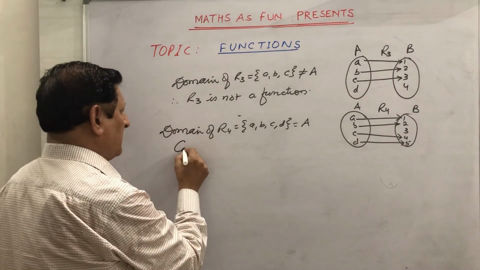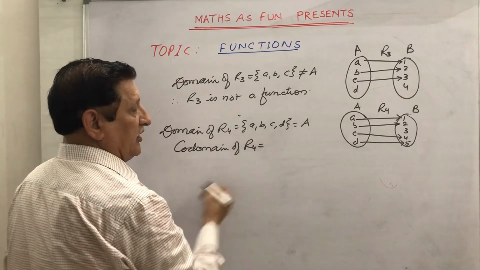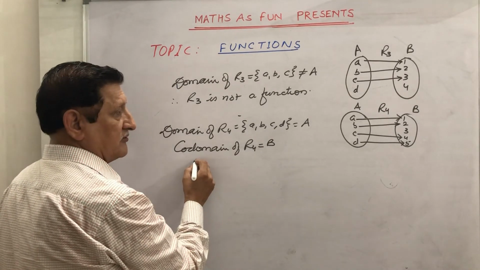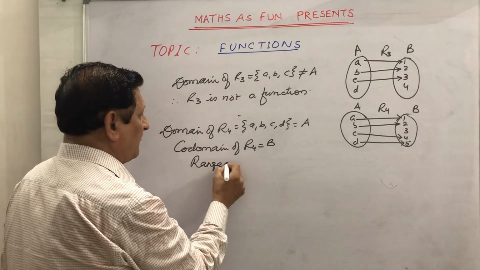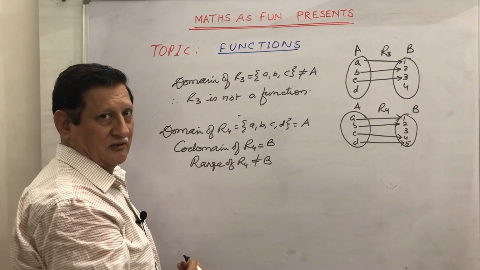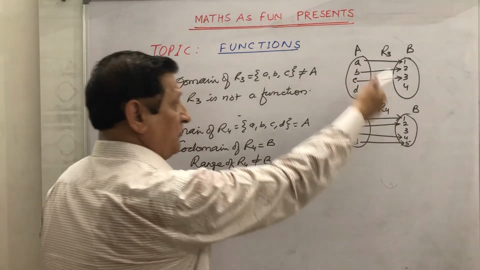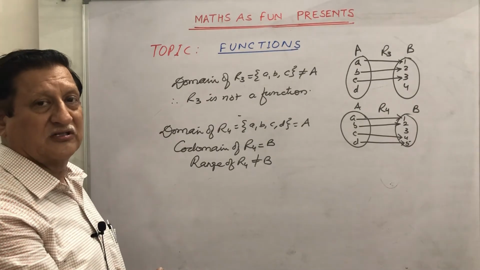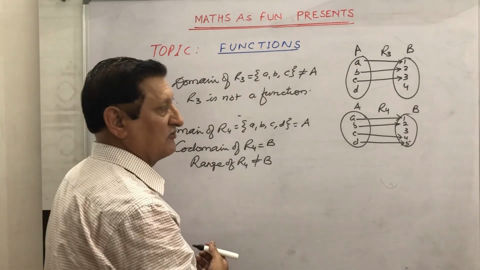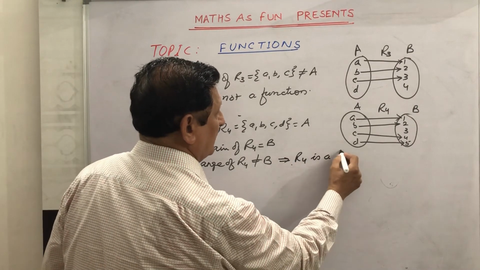The codomain of R4 is B. But we find the range of R4 is not equal to B here. Even then it is a function. So it is not necessary that every element of B has some pre-image in set A, but it is necessary that every element of A should have an image in B, and hence we say that yes, R4 is a function.